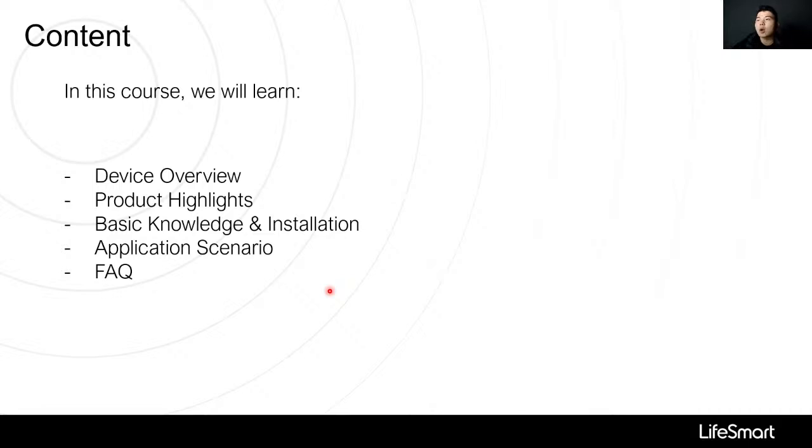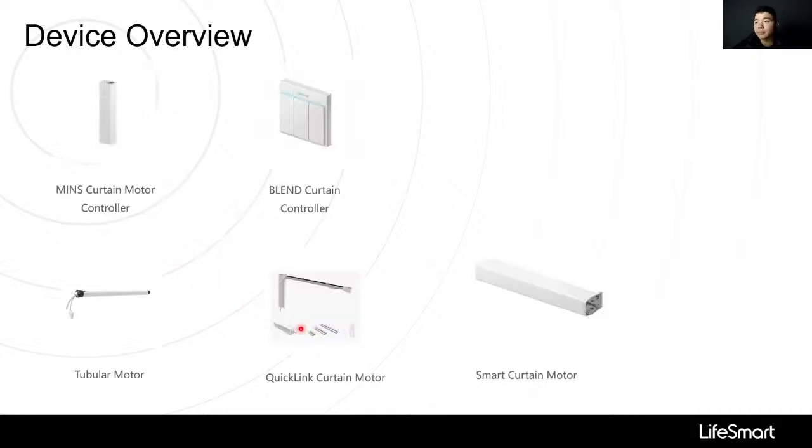In this course, we will learn what products we have and their highlights, basic knowledge and installation, and application scenario and FAQ. Here, as you can see, we have two controllers.